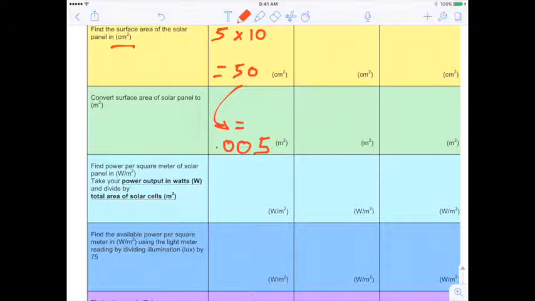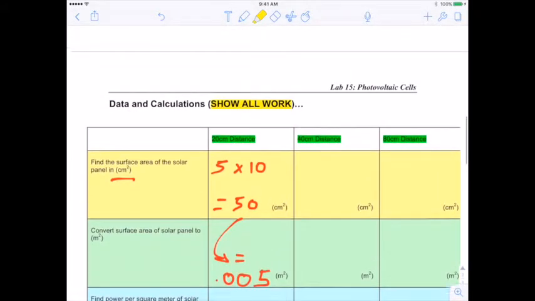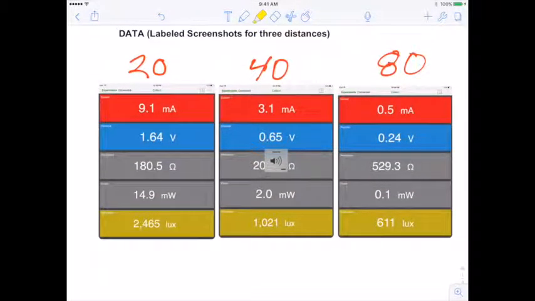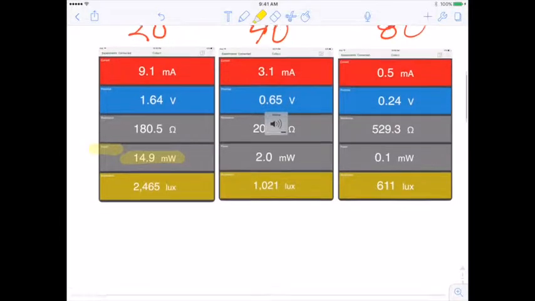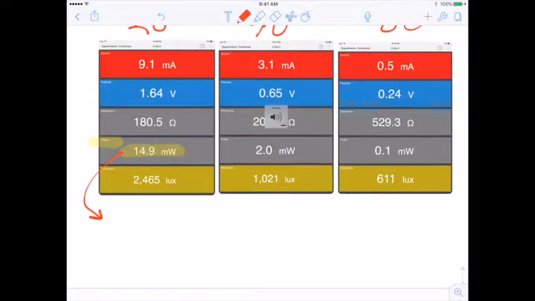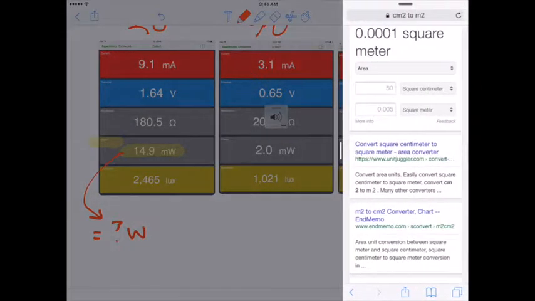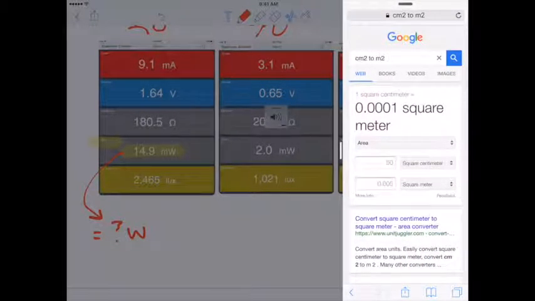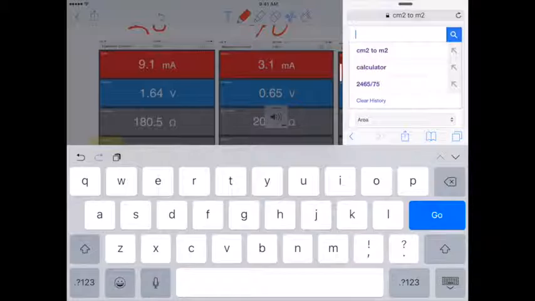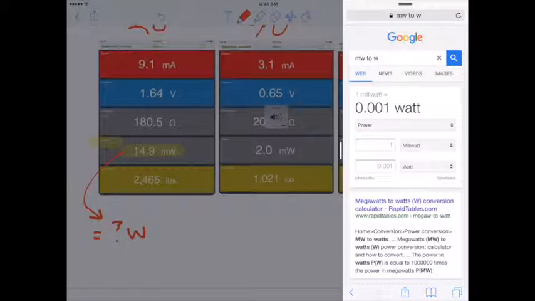All right, next find power per square meter of solar panel. All right, so this might be tricky. So we're going to take our power output in watts. Here's our power for the 20 centimeter distance in milliwatts, not watts. So we need to take 14.9 milliwatts and find out how many watts that equals. 1 milliwatt is 0.001 watts, so it's a 1,000 difference.